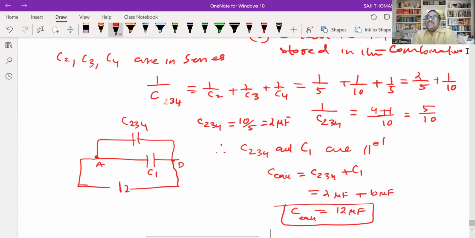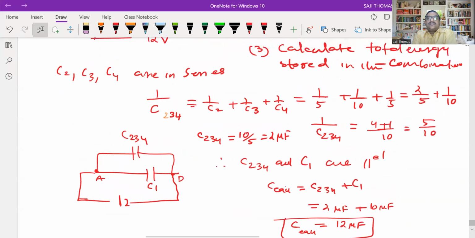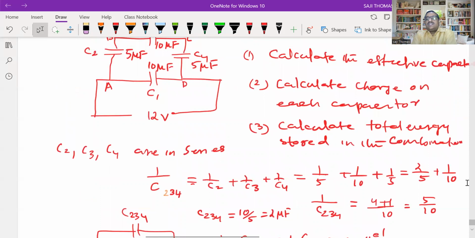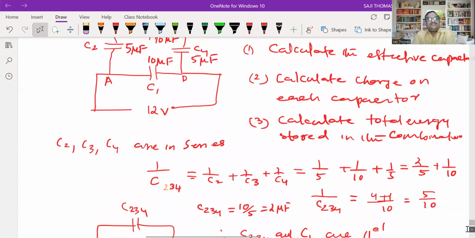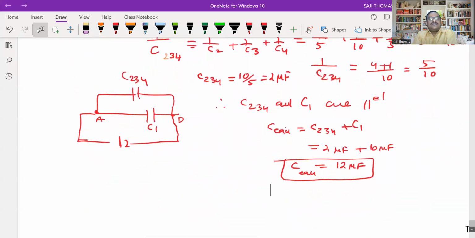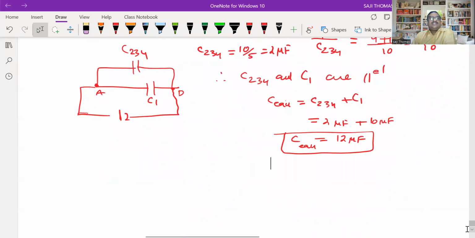Now what is the second question? Read the question. Calculate the charge on each capacitor. Now C2, C3, C4 are in series, so they will have the same charge.